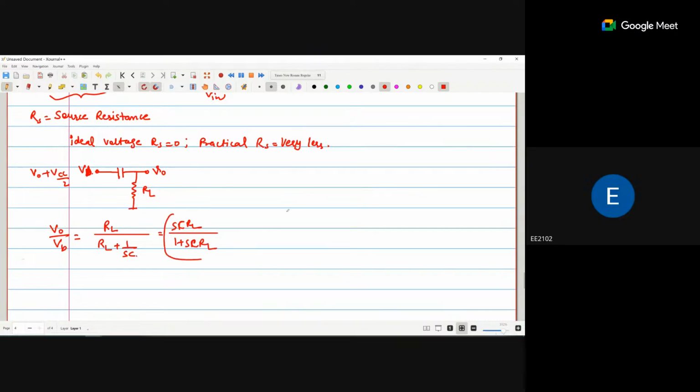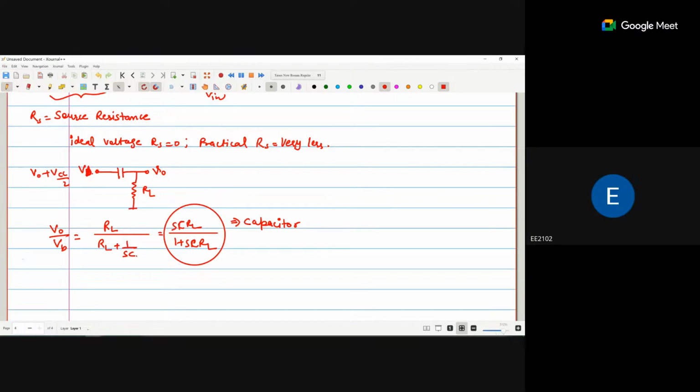With the help of this one, we can find out the value of the capacitor.